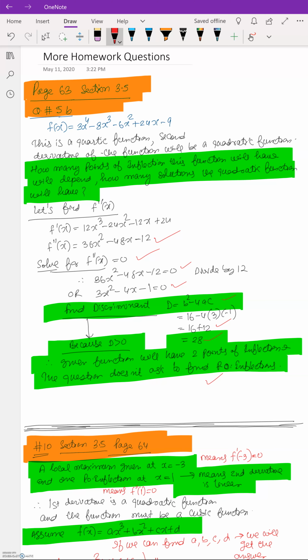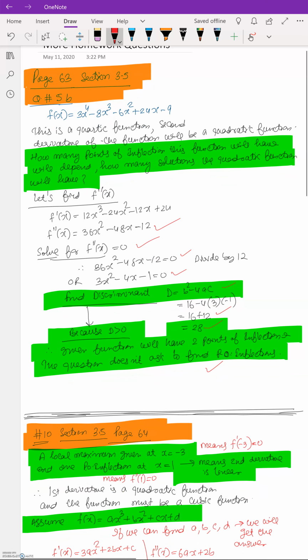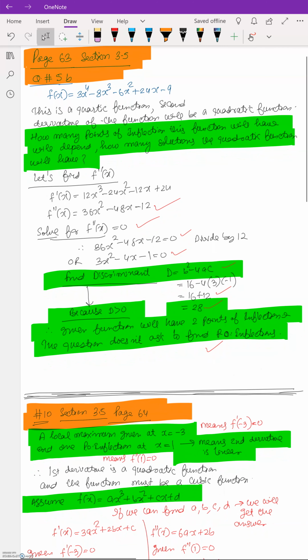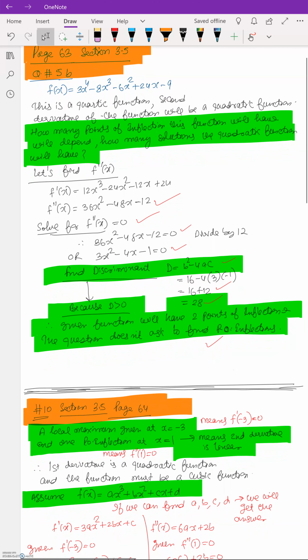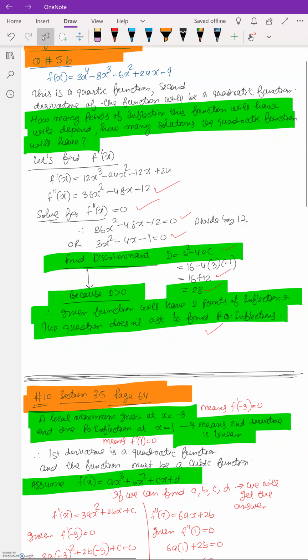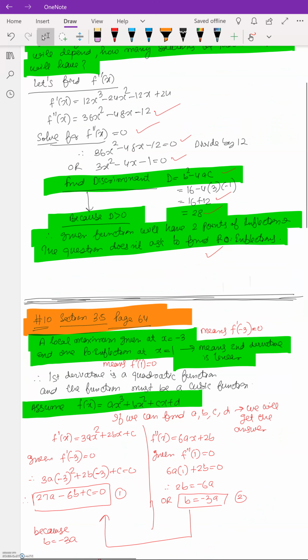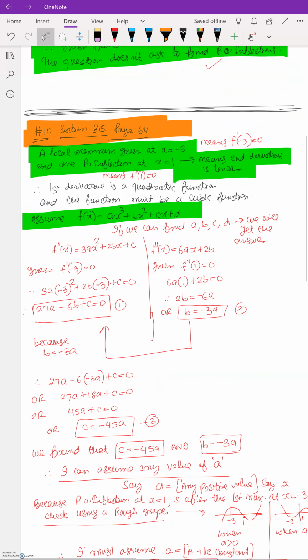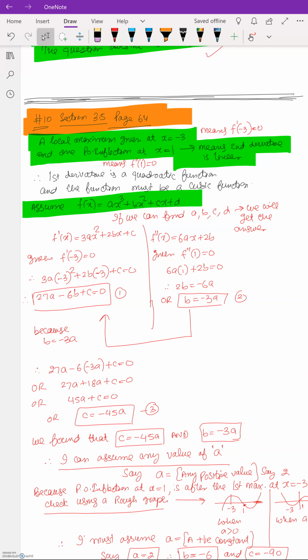So I think this question is straightforward. I didn't actually try to find the point of inflection. I just want to explain whether there will be points of inflection or not. Make sense?